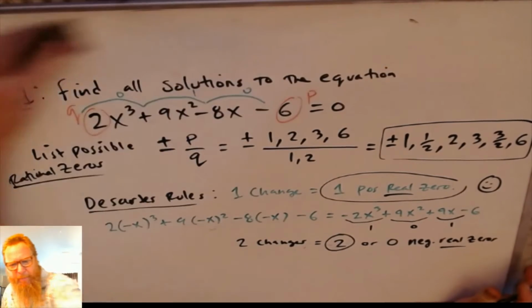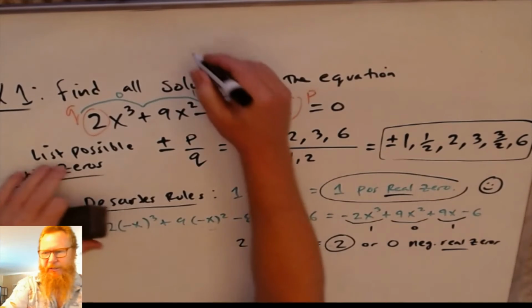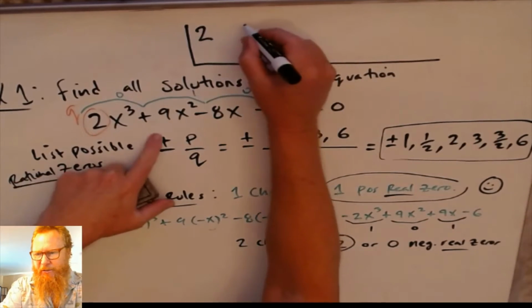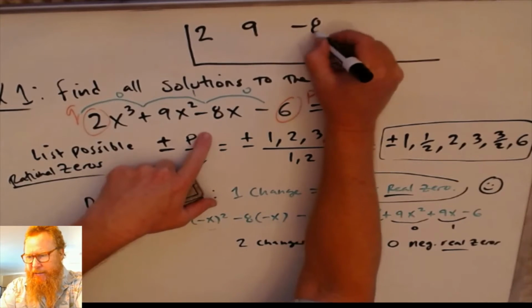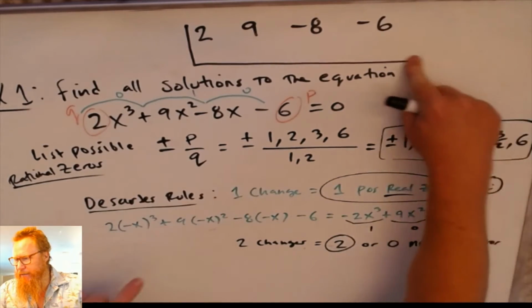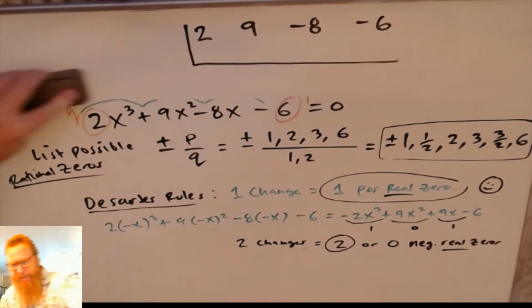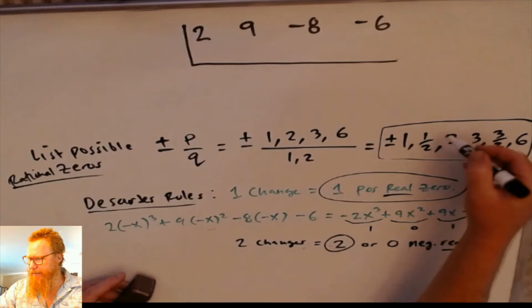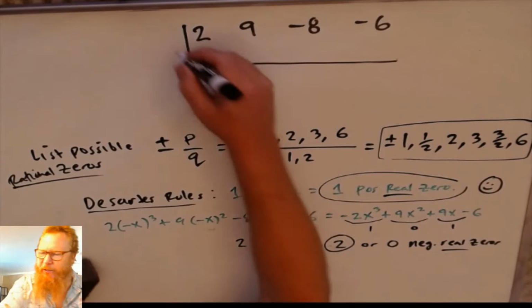Okay, so let's get busy finding the solutions. So I'm going to set up my synthetic division here. 2, 9, -8, -6. Here's my list of candidates. I always start with 1.